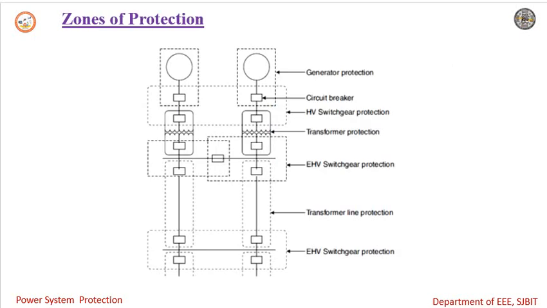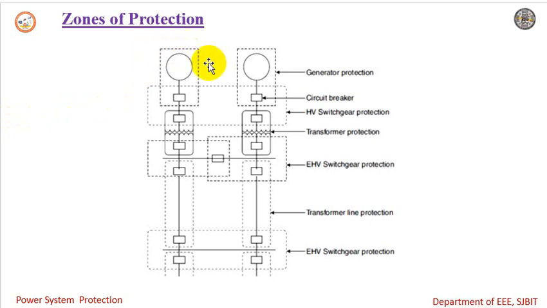Now we shall discuss zones of protection. We know that in the power system there are many different equipments like generators, transformers, transmission lines, distribution lines, right? Every equipment in the power system should be protected separately.